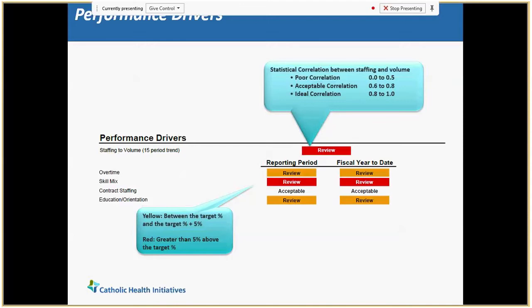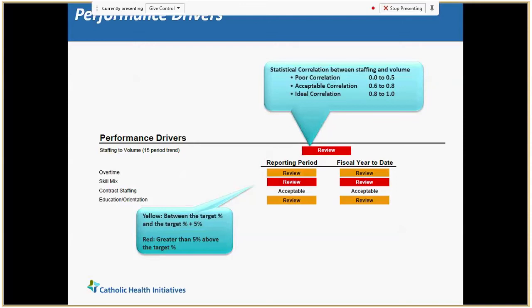So if you're at between 2 to 7%, that 5% range, the shading will be yellow. If it's over 7%, it will be red in that case. And obviously, if it's below 2%, there'd be no shading. For education orientation, which is 5%, then in that example, between 5 and 10%, it would be yellow, and above 10% would be red.